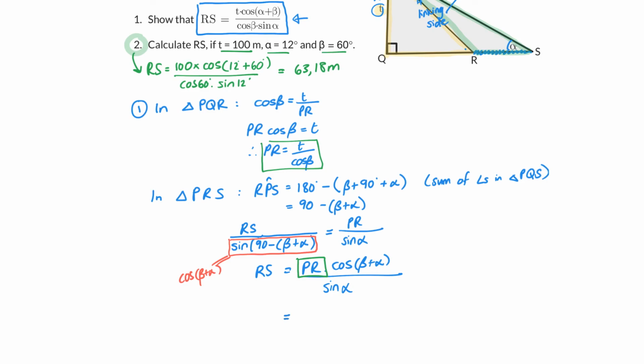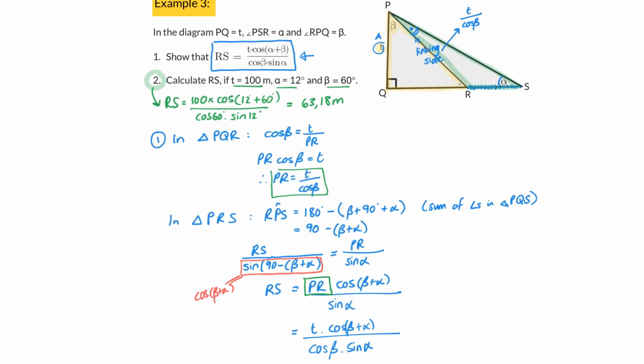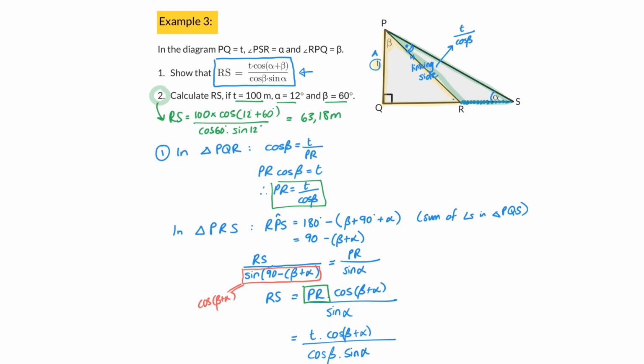I'm going to get T at the top, cos of beta at the bottom, times sine of alpha. Oh, this is starting to look like what I want. At the top, cos of beta plus alpha in brackets. And that looks like I'm done. Now let's go back to the original question. I wanted to prove that RS is cos of alpha plus beta, beta plus alpha, same thing, over cos of beta times sine of alpha. Exactly, that's what I've got.